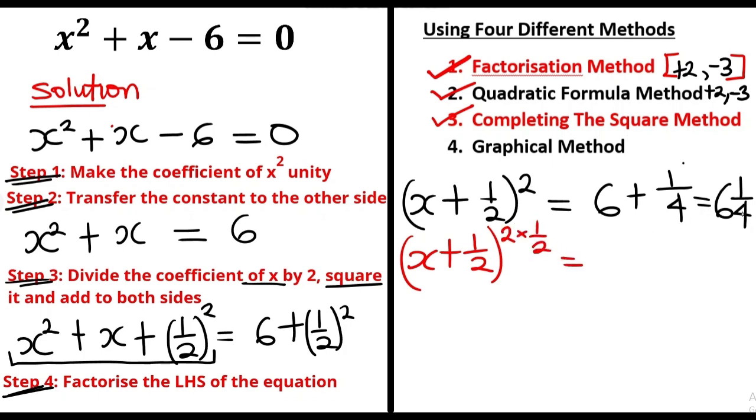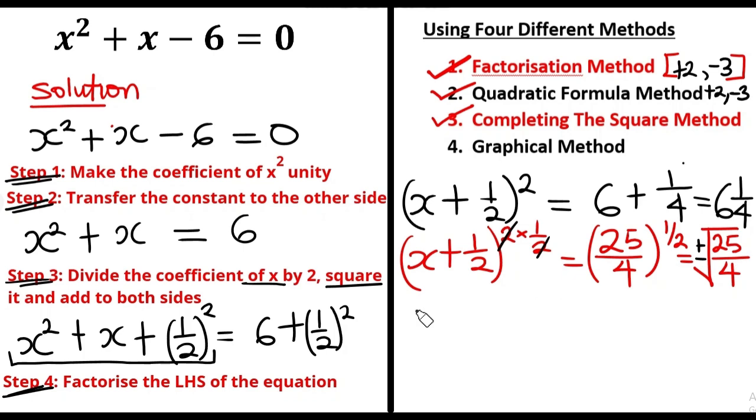Whatever we do to the left hand side, we have to do to the right hand side, so we take the square root of 25 over 4. Here we achieve our aim: the power of 2 is gone. We have plus or minus 5 over 2. Therefore, x plus half is equal to plus or minus 5 over 2.